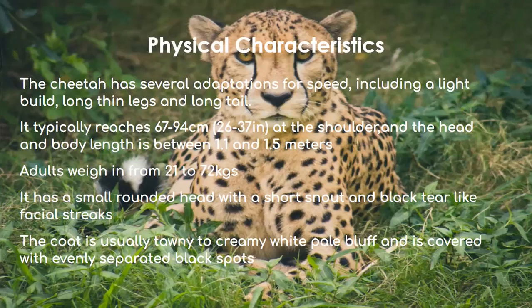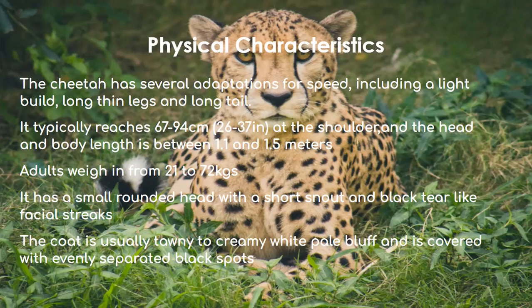Okay, so the physical characteristics of a cheetah. The cheetahs have several adaptations for speed, including a light build. So they are very light, and also they have long thin legs and a long tail. They usually reach up to 67 to 94 centimeters at the shoulder, and the head and body length is between 1.1 to 1.5 meters. Adult cheetahs weigh from 21 to 72 kilograms.